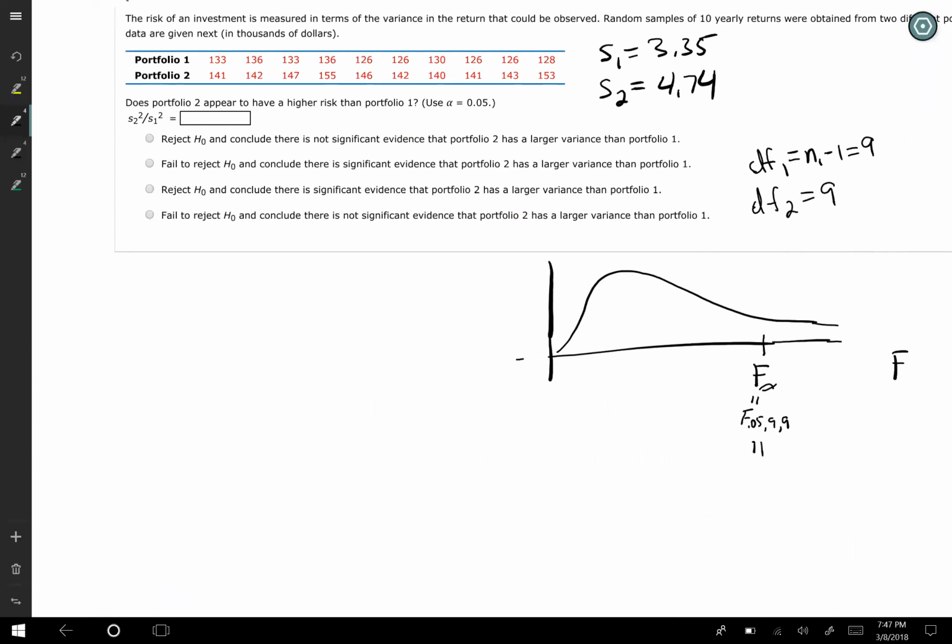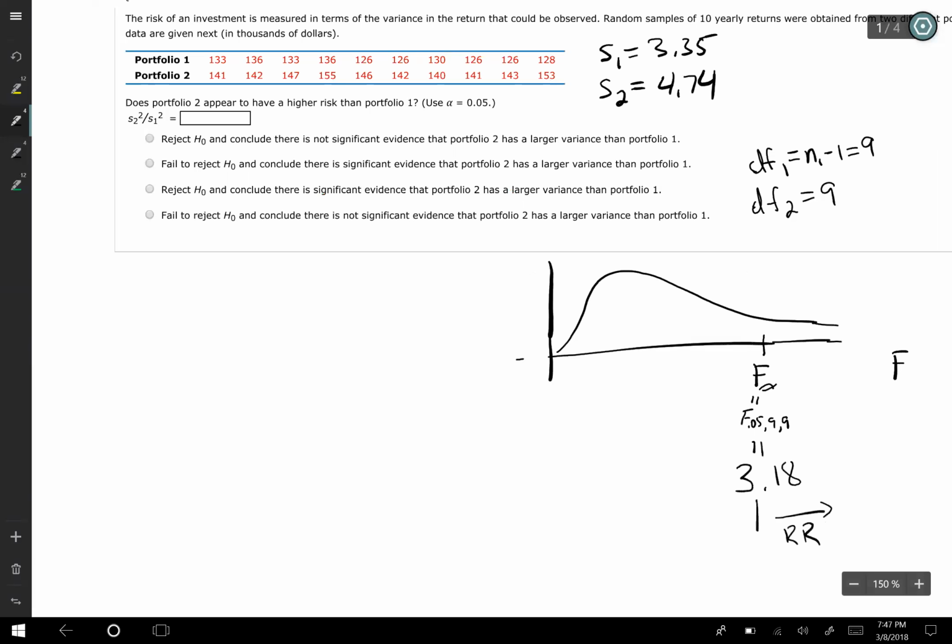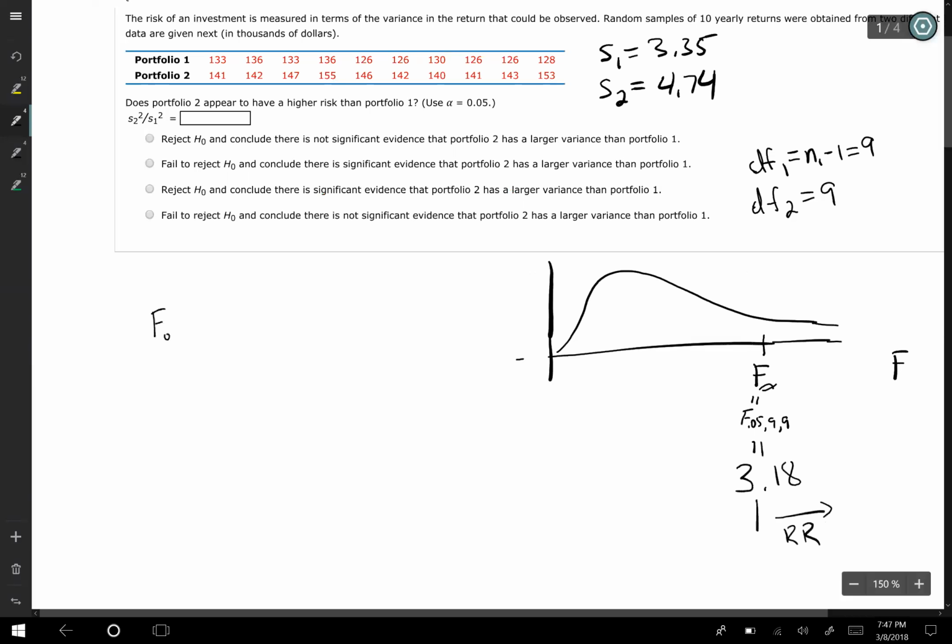So it was 3.18 in the chart. So anything larger than that is in the rejection region. And I guess F, I got 4.01, so it was in the rejection region. Okay. So when you put 4.74 squared over 3.35, what did you say?